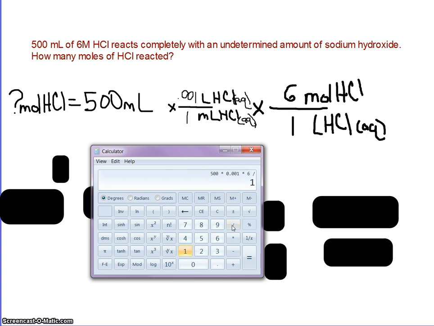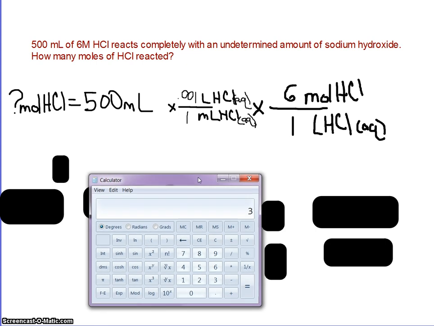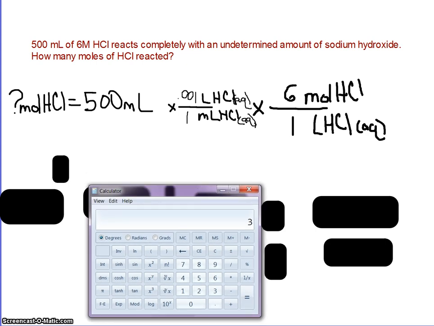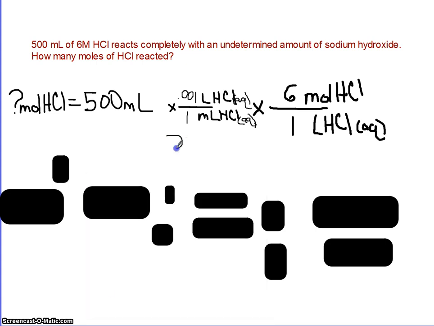Divide by 1, divide by 1. I have 3, so my final answer must be 3. Gotta put your label on. So 3 moles, that's still not good enough. 3 moles of what? 3 moles of HCl.